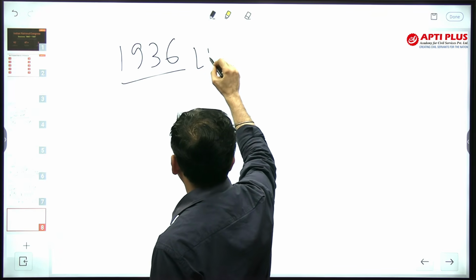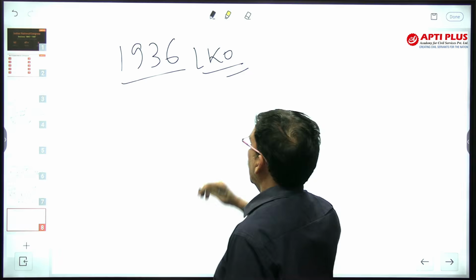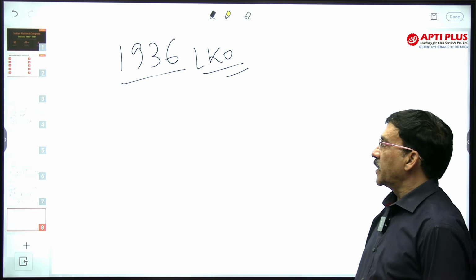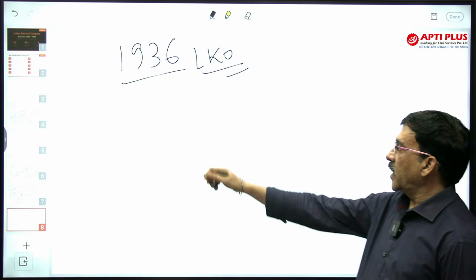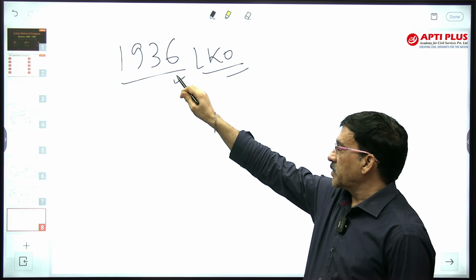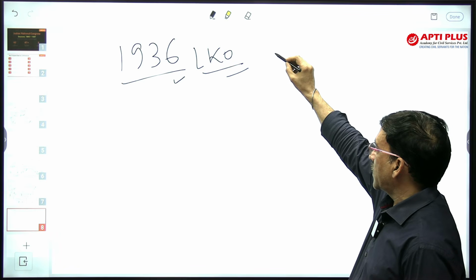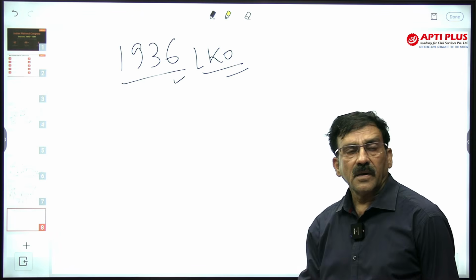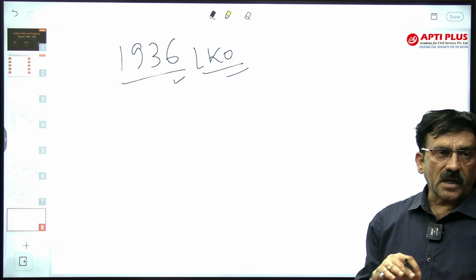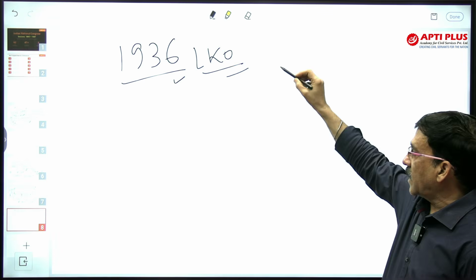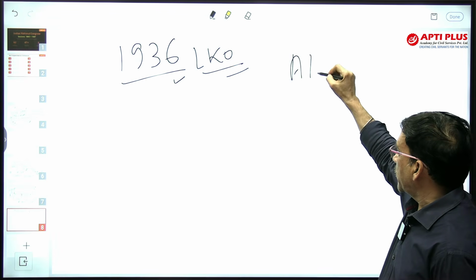Next important session, you can say, is after 31, we can say the next session is 1936 Lucknow. Why it is important? Nehru presided the session. Why in Lucknow? Try to understand. Because by this time, the peasant organizations are now got organized at a India level. All India Kisan Sabha. Go and see.